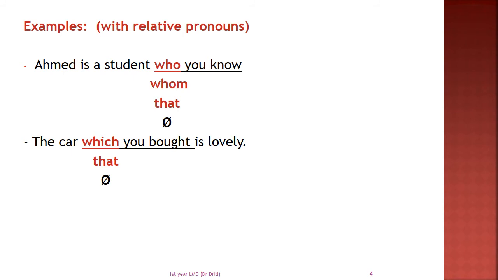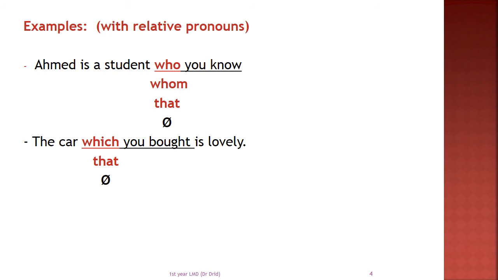Ahmed is a student who you know, or Ahmed is a student whom you know. Ahmed is a student that you know, or simply Ahmed is a student you know. Here we can delete the relative pronoun in this position when it replaces the object. Now, the car which you bought is lovely, which is used with things.